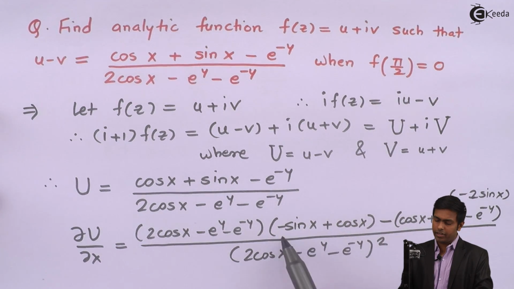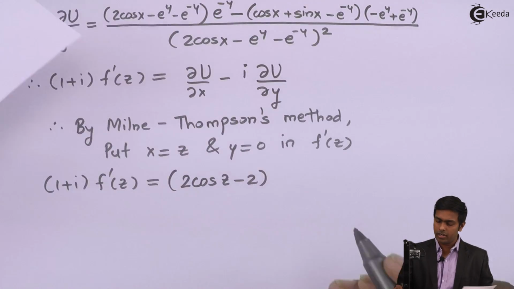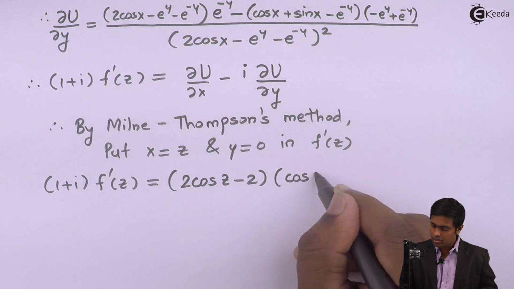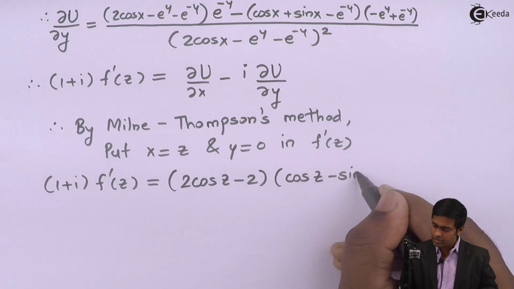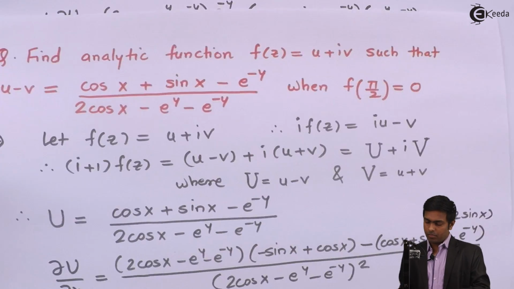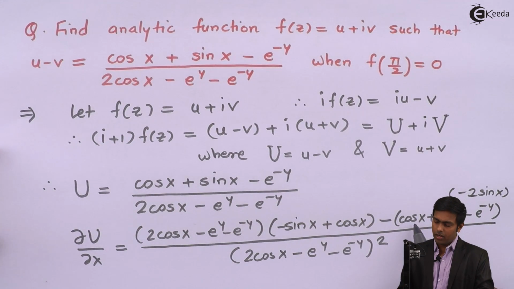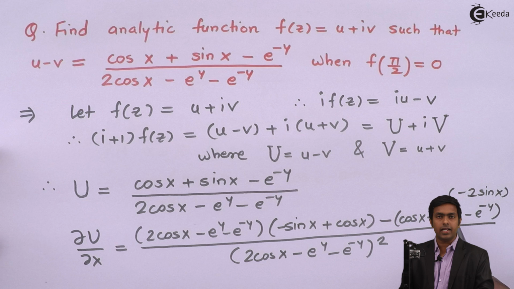Next we will get here minus sin z plus cos z, or I would say cos z minus sin z. Here again cos z plus sin z minus 1, and this term is also multiplying, so this minus and minus will become plus.